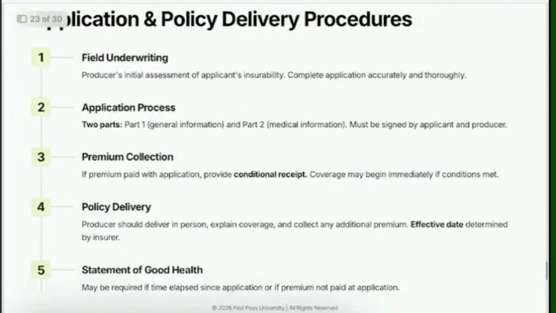All right, application and policy delivery procedures. Okay, when you are gathering the information or talking to customers about buying a policy and filling out the application and asking them questions, all of that is called field underwriting.